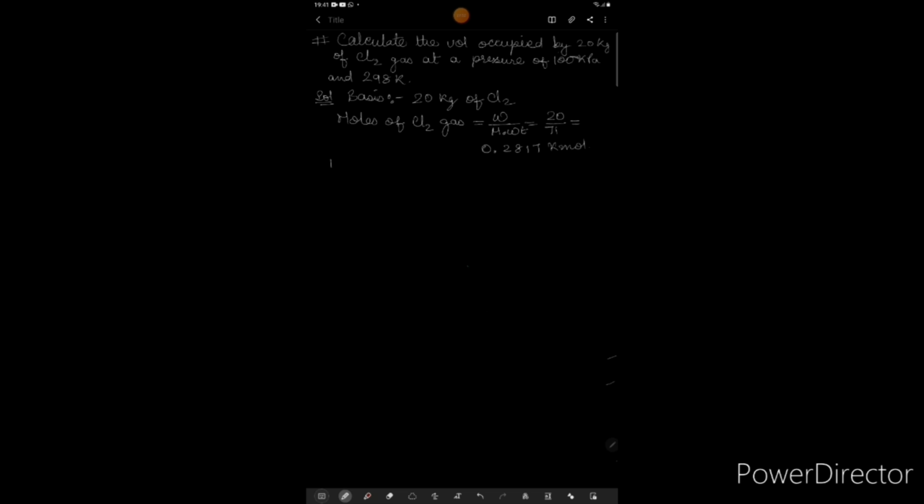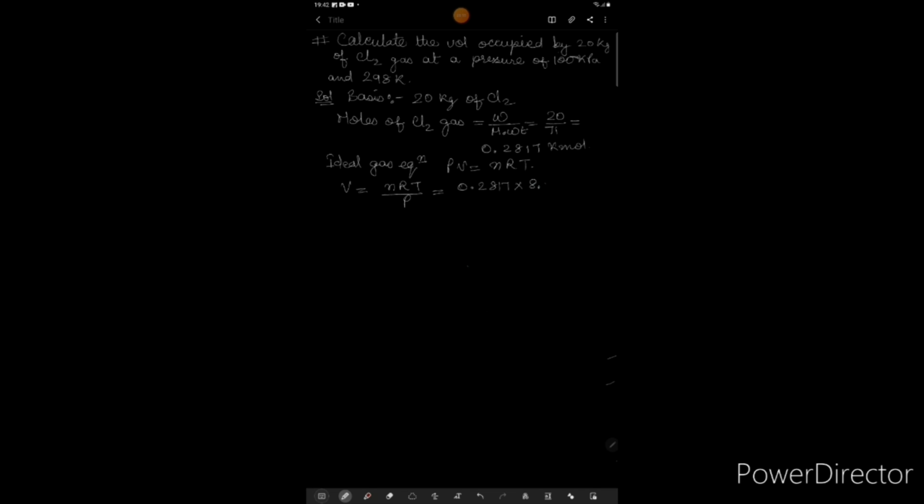And ideal gas equation, PV equal to nRT. From here V is equal to nRT by P. So everything we know, n equal to 0.2817 kilomole.